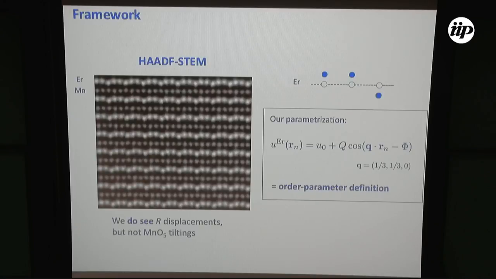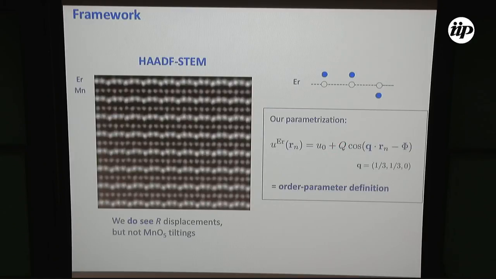So then we can parameterize this trimerizing distortion according to this formula, and it's quite natural to define the order parameter of the transition according to this.